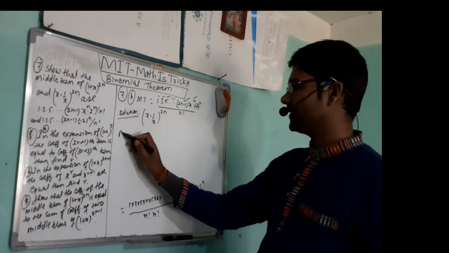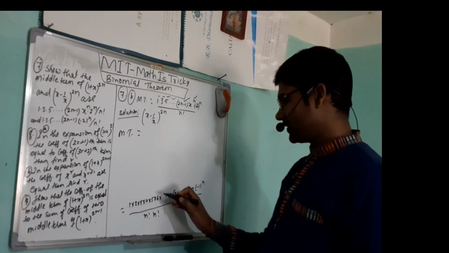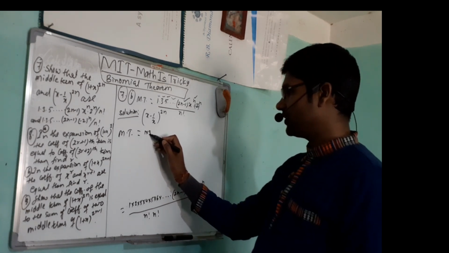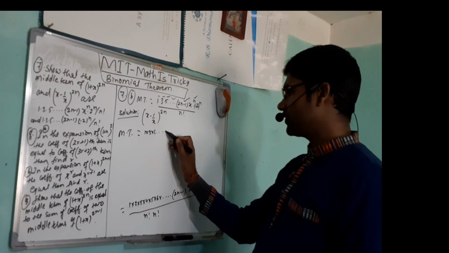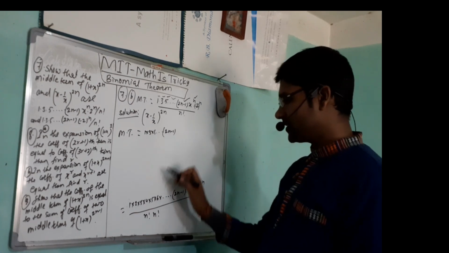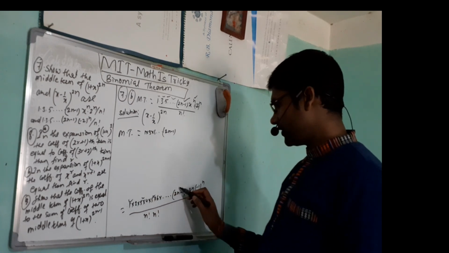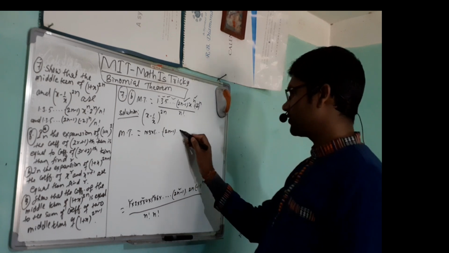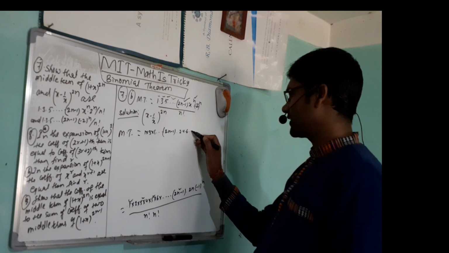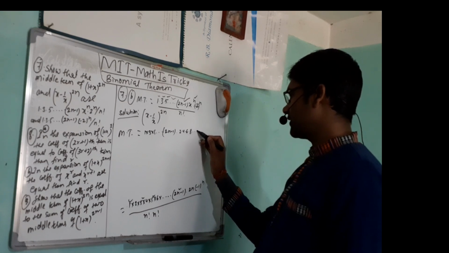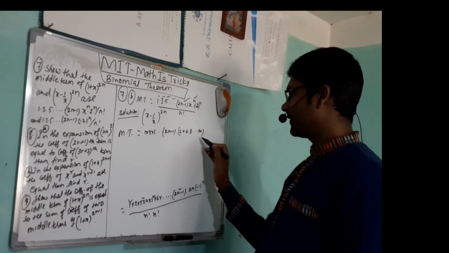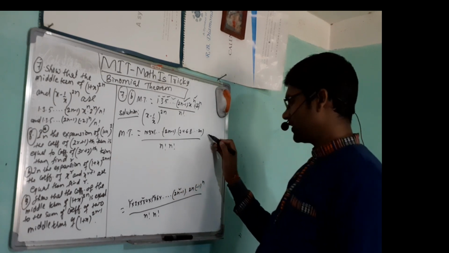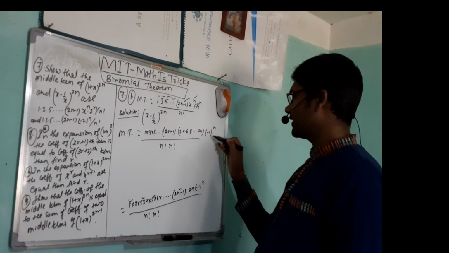So what we are getting here: middle term equals, simply as before, we can write this as 1 into 3 into 5 dot dot dot 2n minus 1. Just take the odd numbers, and the remaining will be the even numbers, 2, 4, 6, 8 dot dot dot 2n, by n factorial, and minus 1 power n.